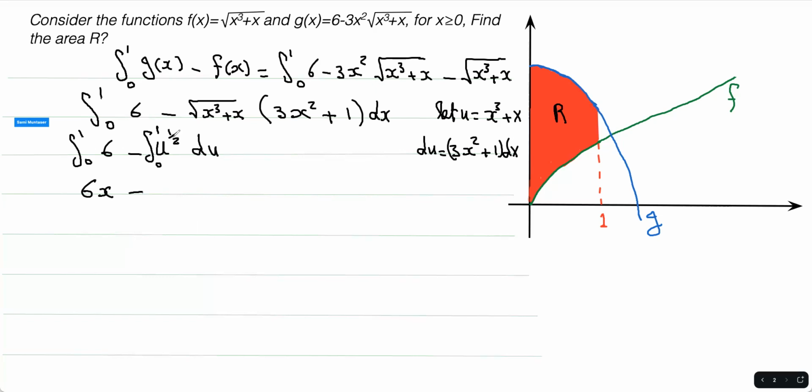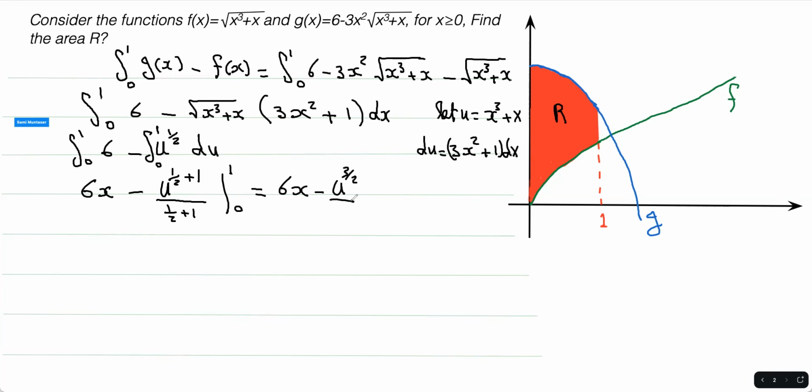minus, and you know when you're integrating u to the power of 1/2, you add 1 to the exponent. So that's going to be u to the power of 1/2 plus 1, divided by the new exponent, which is 1/2 plus 1, between 0 and 1, which gives me 6x minus u to the 3/2.